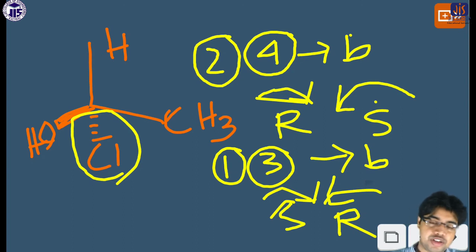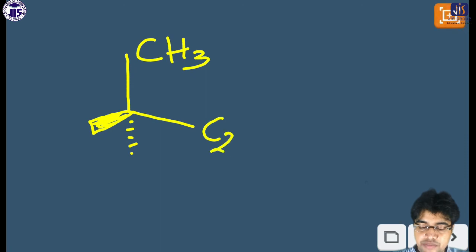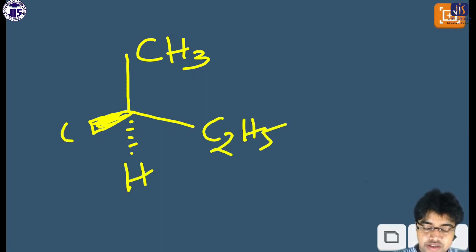If we consider one example, look at the example. If I draw this compound, for example, just think it is CH3, C2H5, H, and OH.